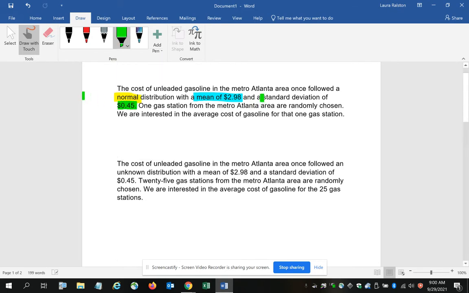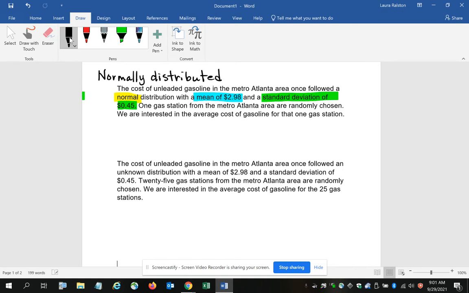So guys, that's one thing when you're looking at a normal distribution problem: you have to be told that it's normally distributed in some way, however it's phrased. You have to be told the mean, and you have to be told the standard deviation. If you don't know those three things, you cannot work through the problem.